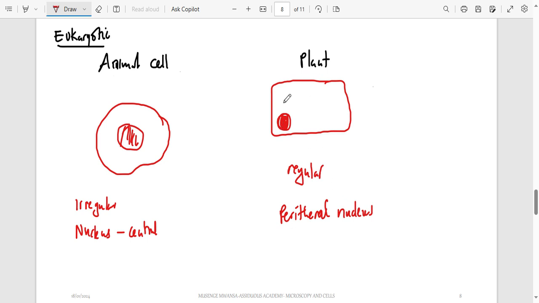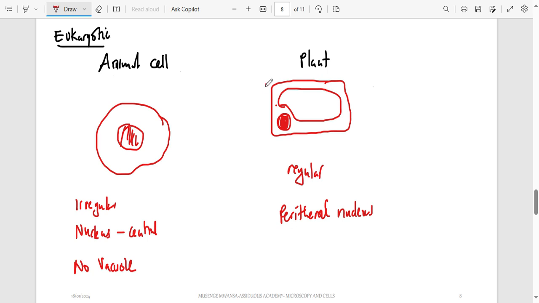A plant cell is also going to have a vacuole that covers almost the biggest part of the cell. An animal cell can or cannot have a vacuole, but mostly you say it has no vacuole. A plant cell has that vacuole.